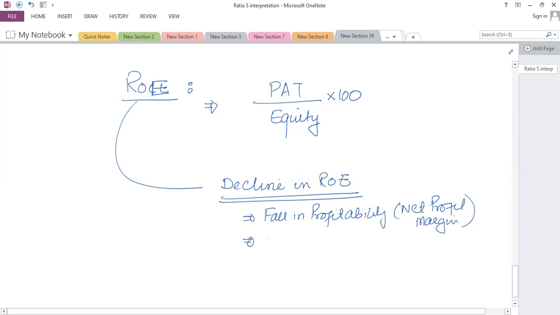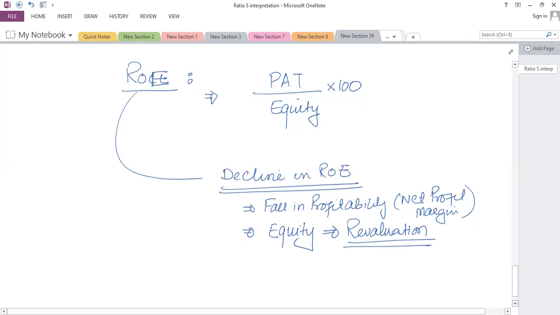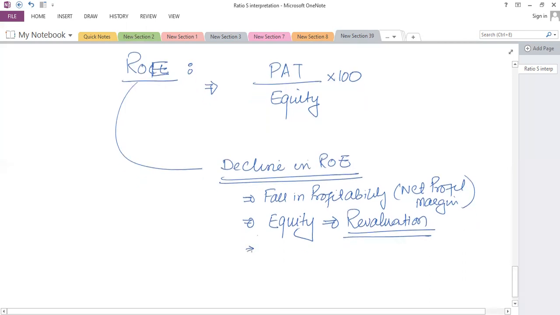But the other side of the story is, what are the changes in equity? For example, there is a revaluation surplus, a decrease or an increase in revaluation surplus. There might be some gain on investment which has been incorporated in OCI. There might be some OCI effect.